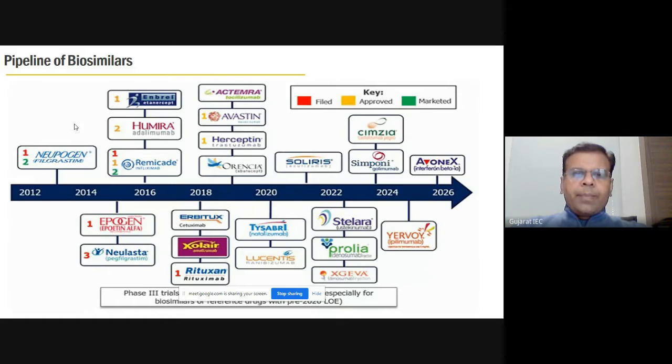If we consider the pipeline, it is really huge. There are certain molecules which are either at the filing stage, so they have filed for approval, or they have already been approved, and certain ones are already marketed at this point of time. In the coming years, a number of biosimilars are expected to enter the market in the next 5 to 10 years.